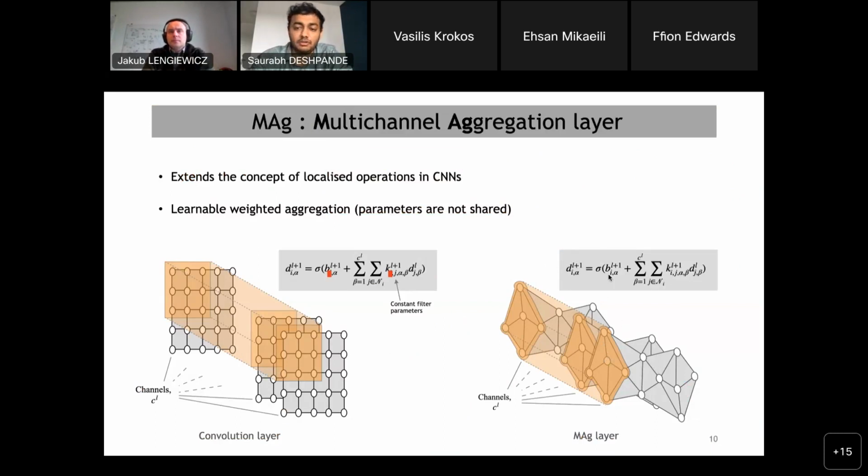If you look at the transformations of the layers for MAG, these are the learnable kernel parameters, and they have this index i, which stands for the spatial location, which I have removed here for CNN. CNNs don't do that. You saw in the earlier animation that the same window was sliding across the domain. You use a fixed window that slides throughout the domain, which is not the case in MAG, and this has its own pros and cons.